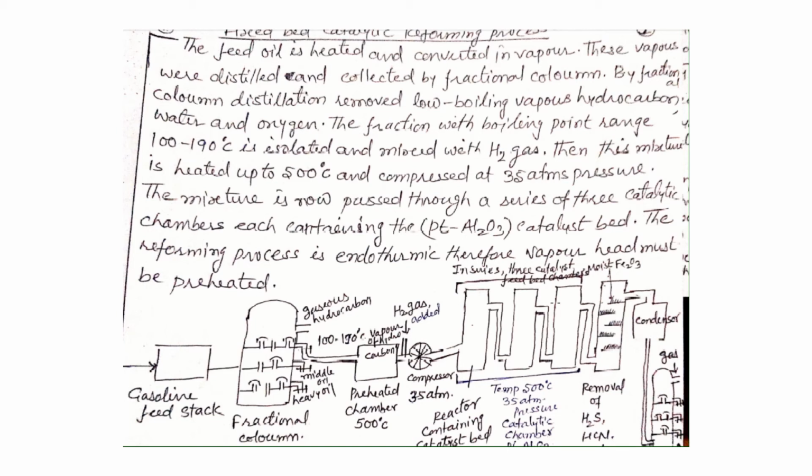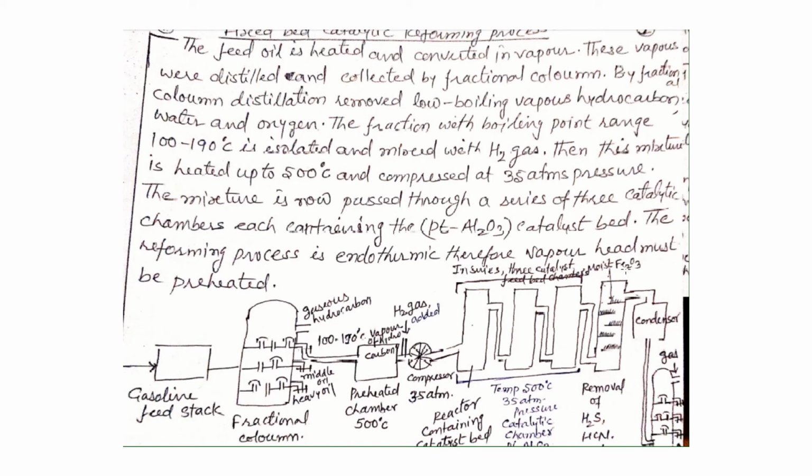Due to the presence of the catalyst, temperature and pressure conditions, these straight-run hydrocarbons with boiling points of 100 to 190 degrees centigrade convert into branched hydrocarbons. As we know, during cracking some poisonous gases, H2S and HCl, form, and we have to remove them.